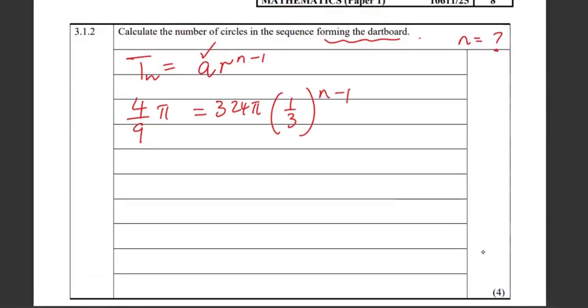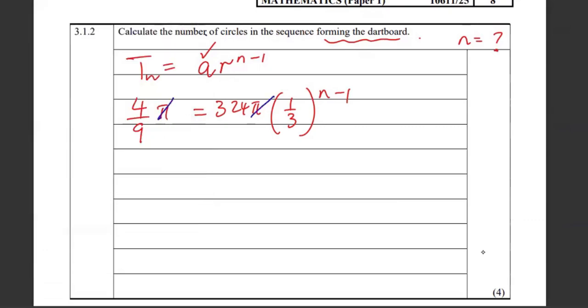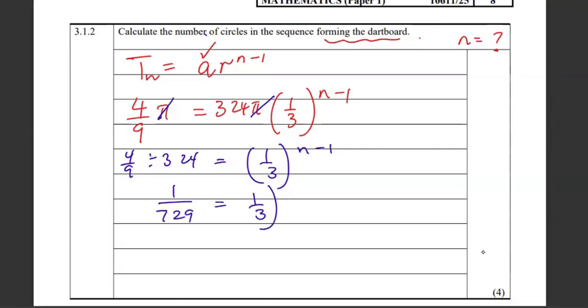Then I can start by cancelling out the pi's on either side. So this cancels that, and then I can divide. 4/9 divided by 324 should give me 1/3 to the exponent of n minus 1. This gives me 1/729 is equal to 1/3 to the n minus 1.